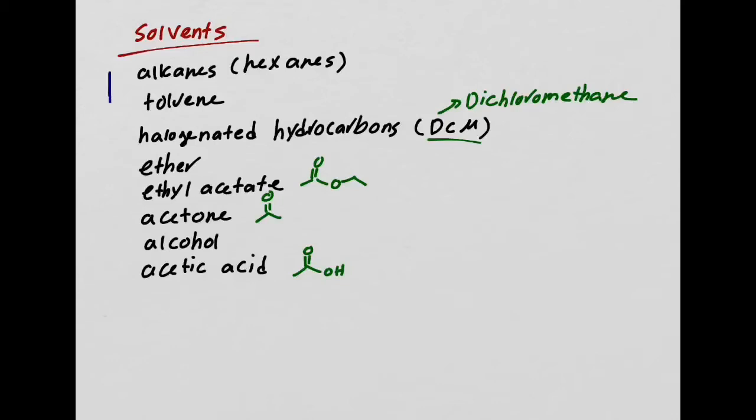I put the list together in the ranking of polarity. See, told you it's beautiful. Top are the least polar. They have nothing but carbon and hydrogen. Bottom, these are the most polar. So I put them together in the order of polarity because that matters. You see the solvent, know the structure, know the polarity.